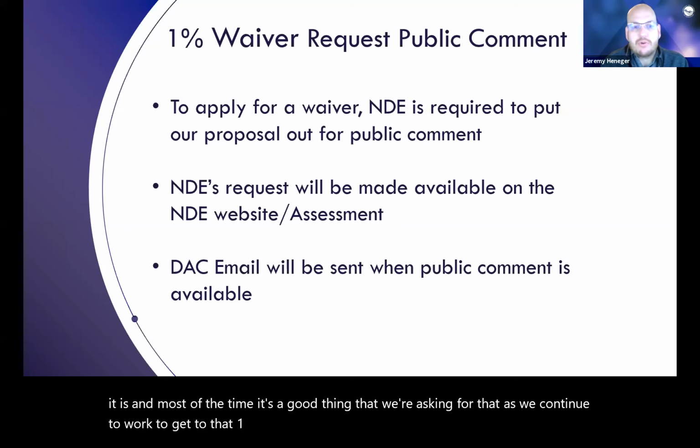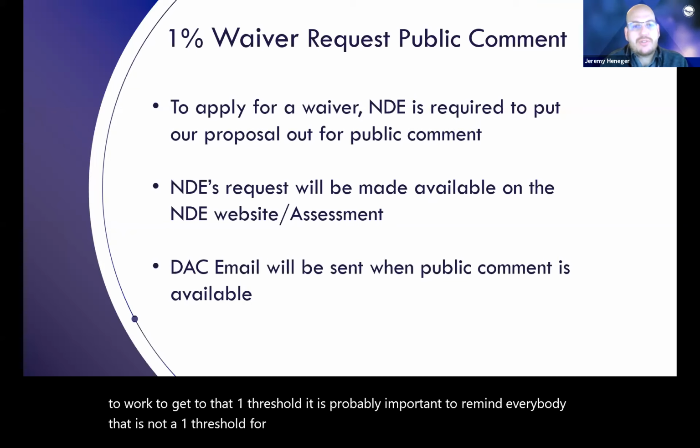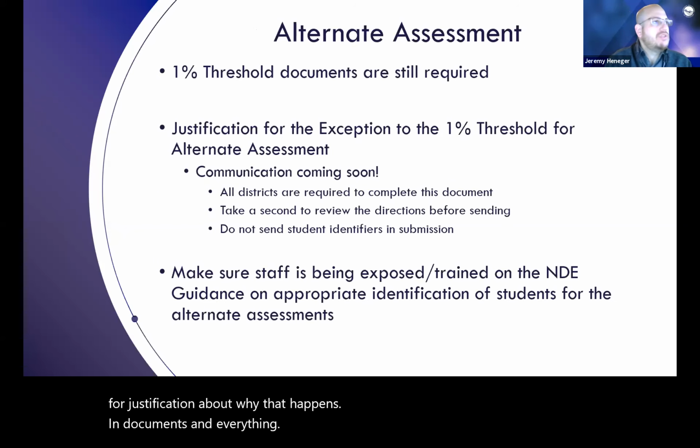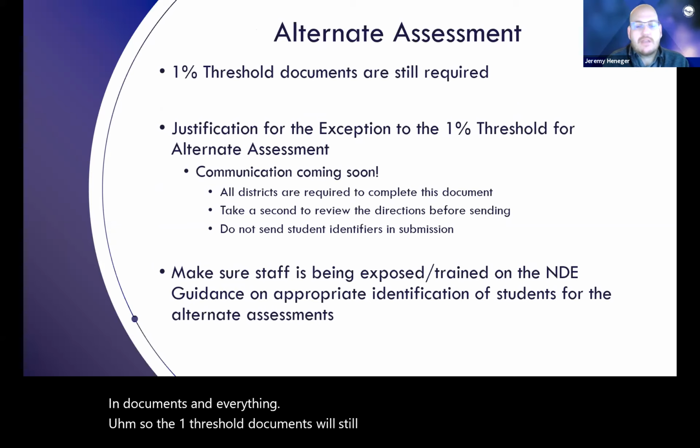It is probably important to remind everybody that that is not a 1% threshold for districts. Districts can go over the 1%, but we ask for justification about why that happens in documents and everything. So the 1% threshold documents will still be sent out. That is coming very soon.